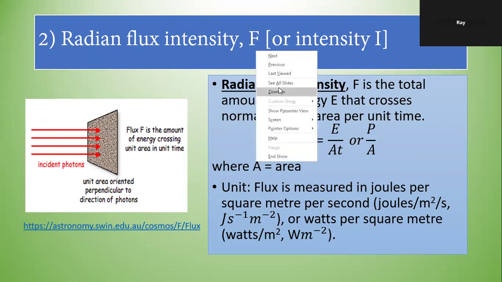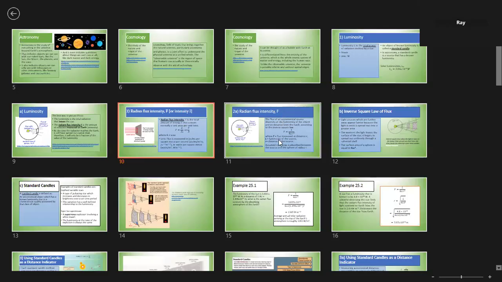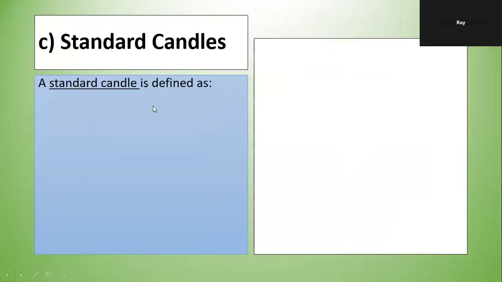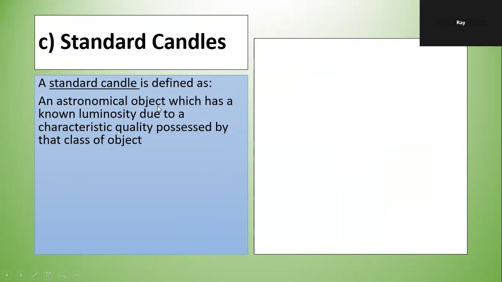Then we have defined standard candle. A standard candle is defined as an astronomical object which has a known luminosity due to its characteristic quality possessed by that class of object.